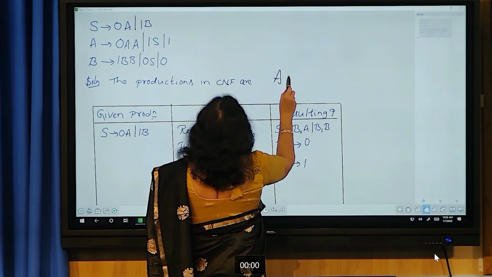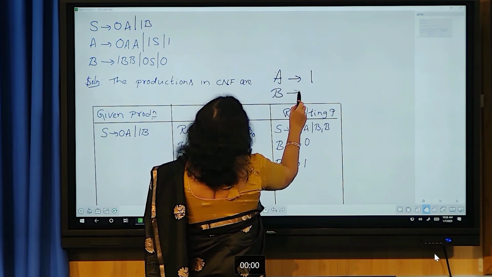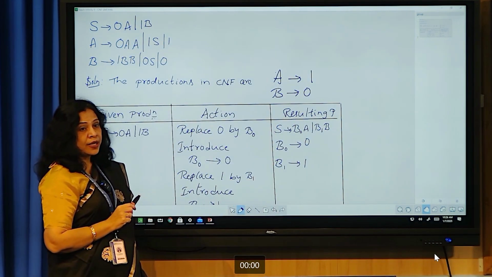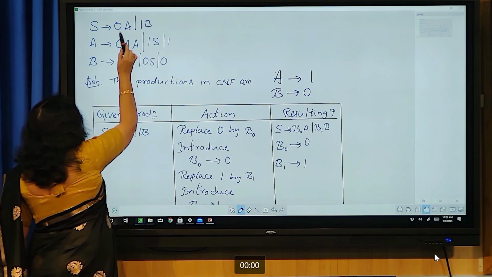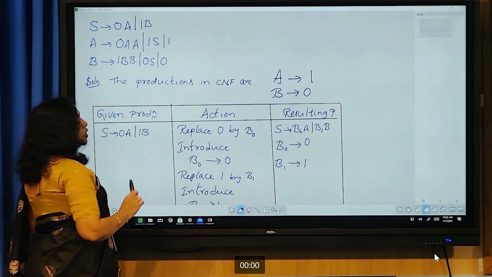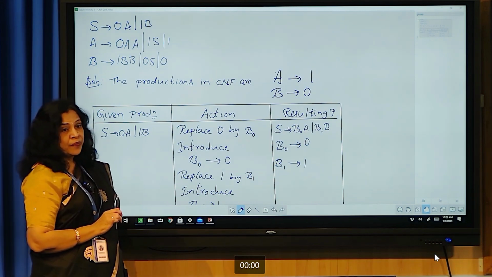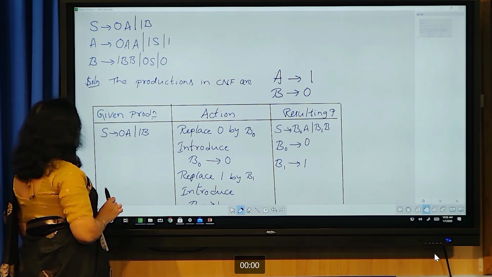These two productions are in CNF. Now we will consider each of the productions, use the substitution method, and try to bring the grammar to the CNF form. So let's see how to do that.